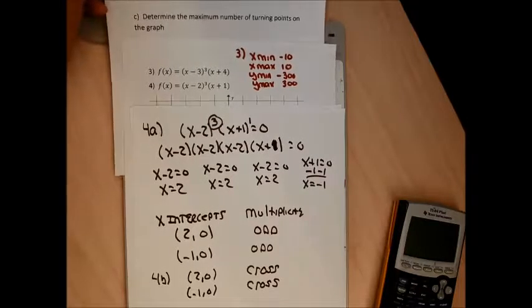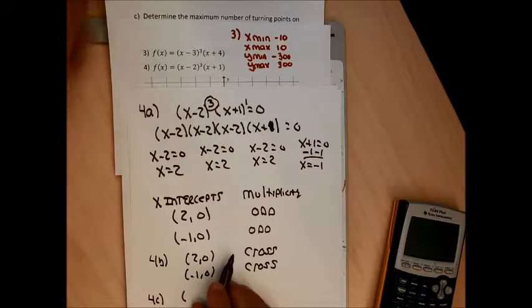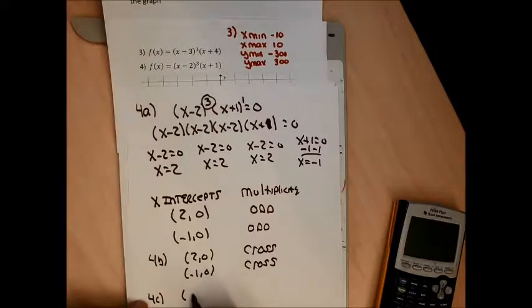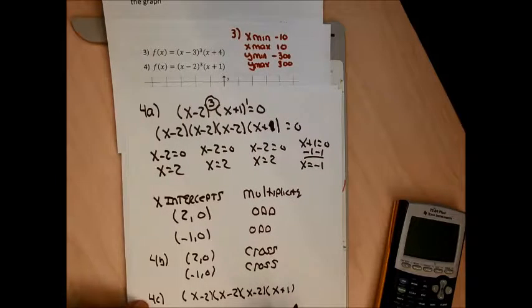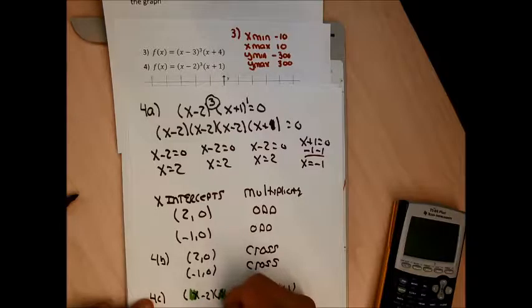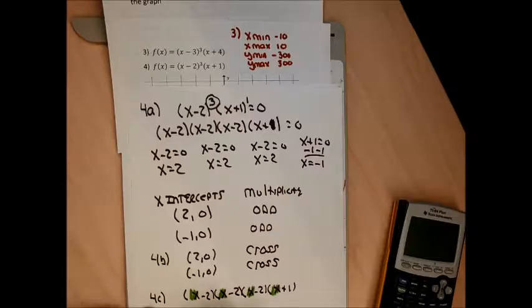For part C, determine the maximum number of turning points. This is where I need to be slick. To figure out the maximum number of turning points, I should FOIL all this monstrous term out that I set up in 4a. That's a ridiculous task to do. You can figure out the highest exponent term of x by just multiplying the first term in each parentheses.